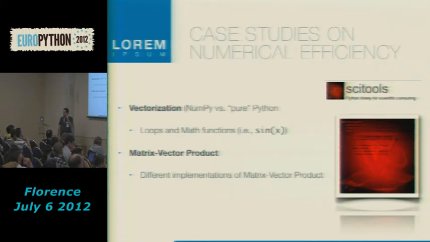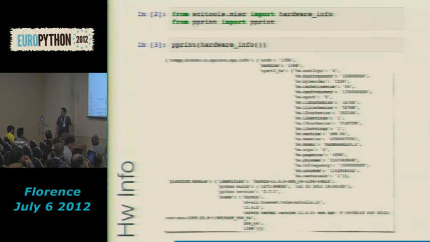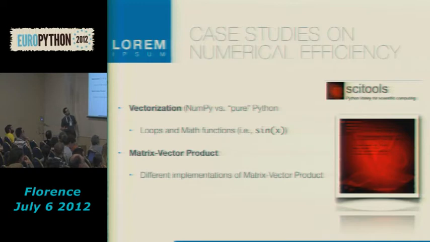The first one is about vectorization, and in particular we are trying to apply the sine function to the elements of a matrix, and we're going to see which is the most convenient solution. The other one is about the matrix vector product, so different implementations of the matrix vector multiplication.